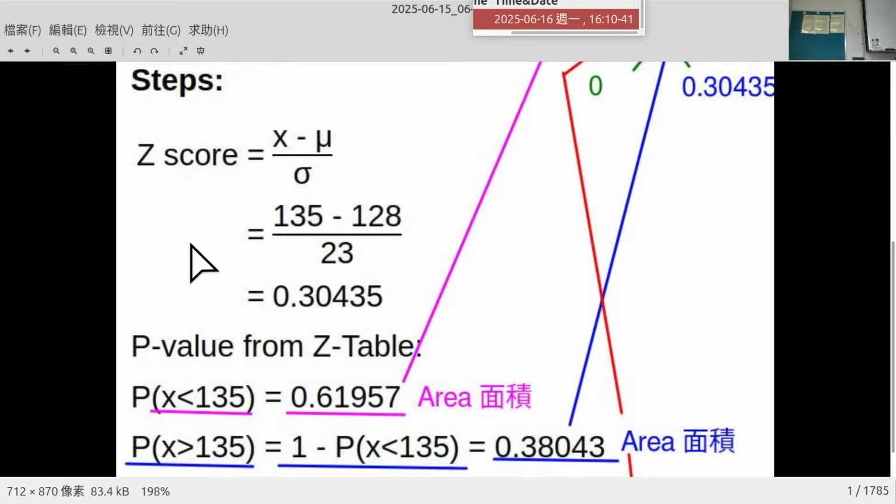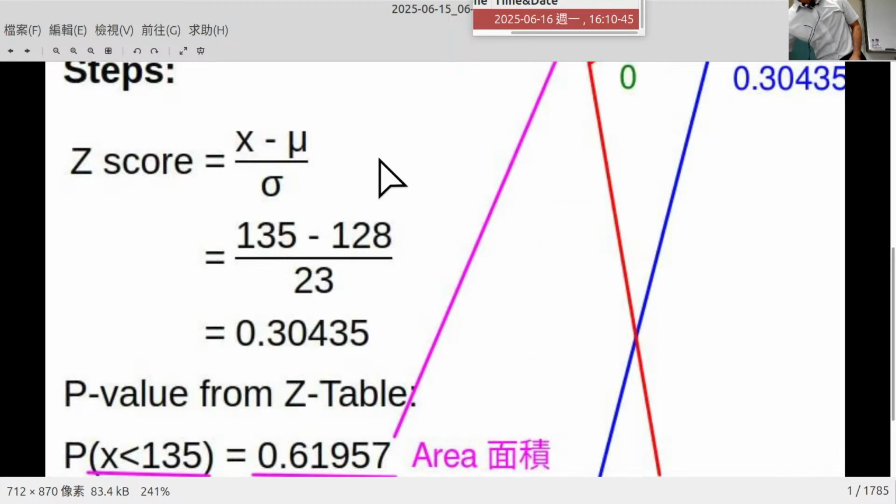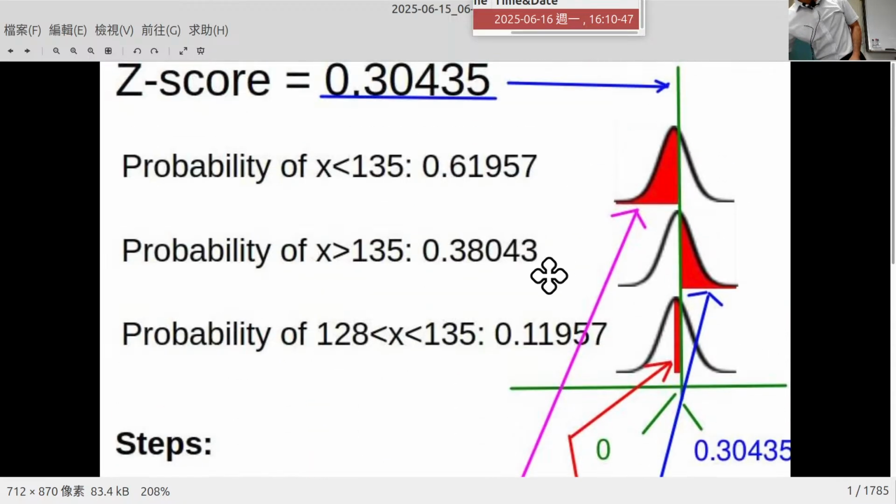Actually, this score is this. What does it mean?